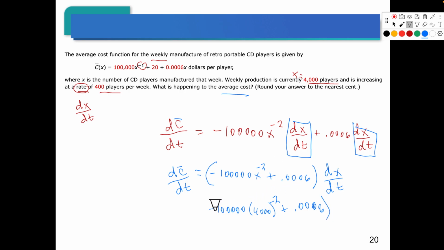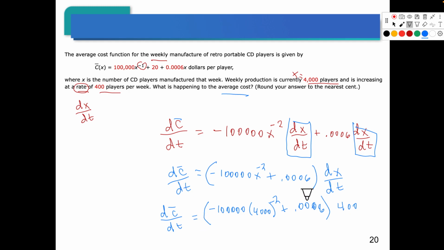And then what do we know about dx dt? It's 400. At this point it's changing 400. So we've got all numbers. We've got just one unknown, the derivative of the average, the rate of the average cost, which is what we want, this is the question.